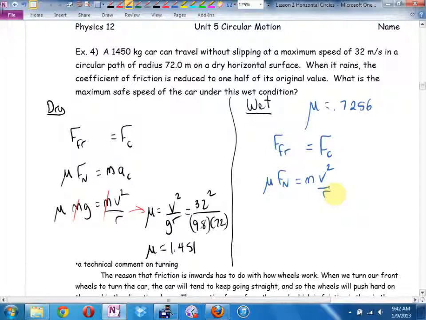I know another force the same size as the normal force. I think I can say mu m g equals m v squared over r. Yay, mass cancels. Oh, in fact, I get the same equation that we got way back in question number 1. I end up with v being the square root of mu g r.